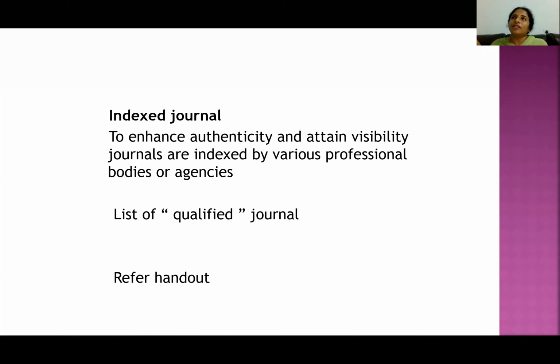Just because something is indexed, it doesn't mean that it is good. You have to find out which list it belongs to, whether it belongs to Index Copernicus or Index Medicus, like that. I think I'm a little vague in that. Anyway, just understand that it is just a list of journals. Different people publish different lists of journals, but there are certain accepted lists of journals.